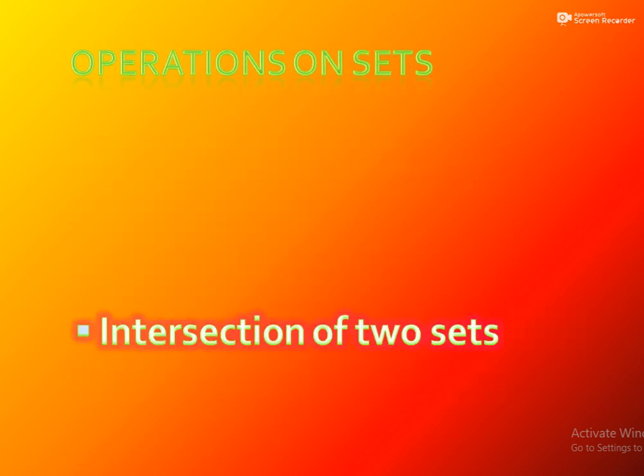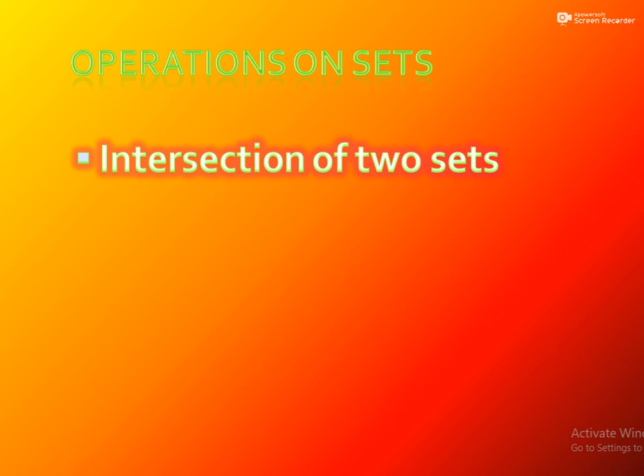First, intersection of two sets. That means when two sets intersect each other, the common elements that come out are the intersection. We'll discuss it in detail. The next one is disjoint sets, that means sets which are not joined. The name disjoint suggests that the sets are not joined.